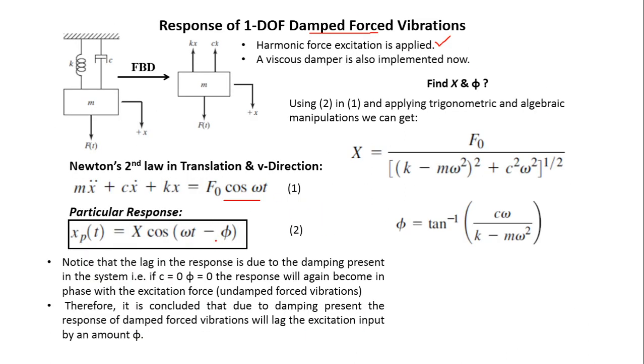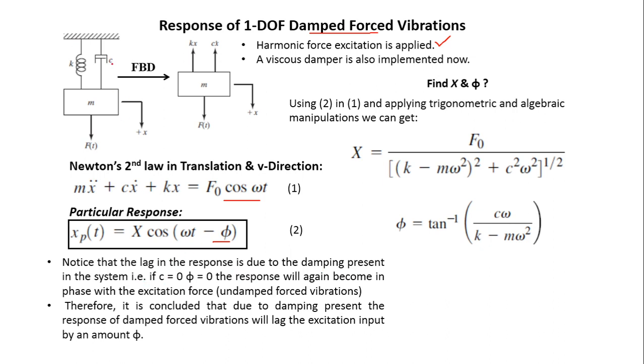You can notice that we have used a lag, a delay, and this lag is because of the damping involved in the system. So we noticed that the lag in the response is due to the damping present in the system.